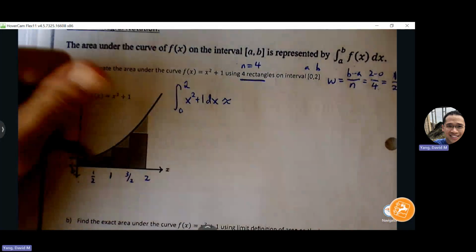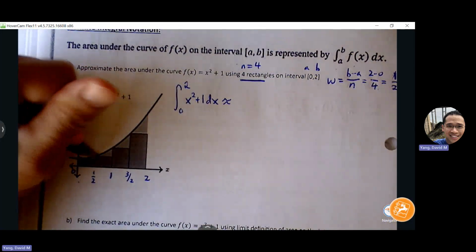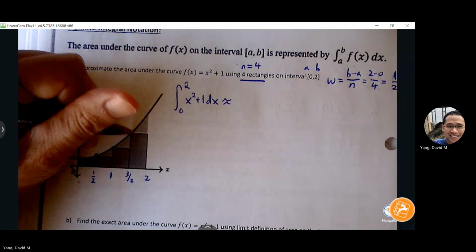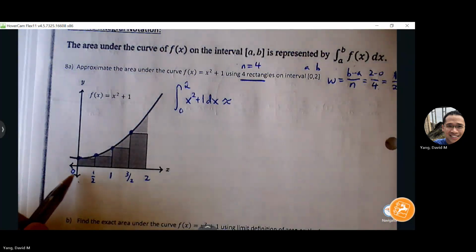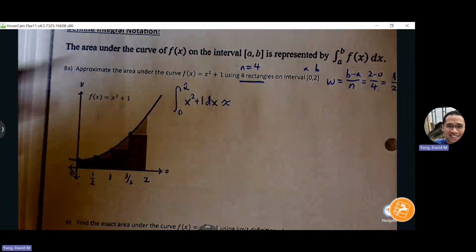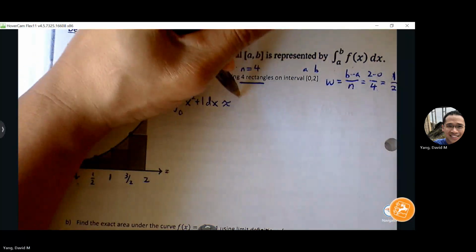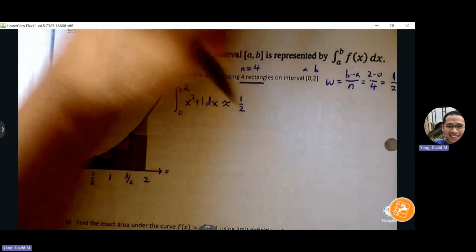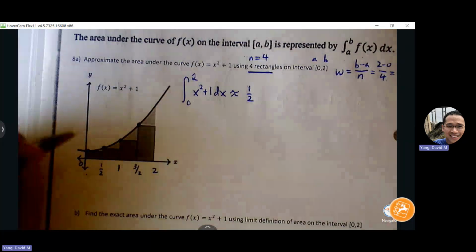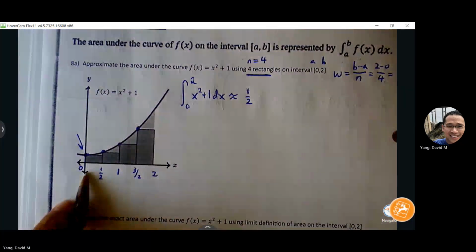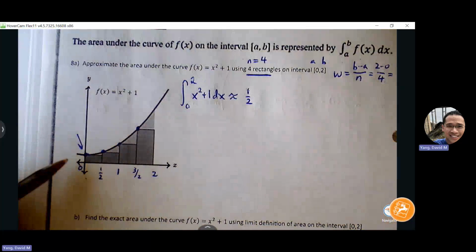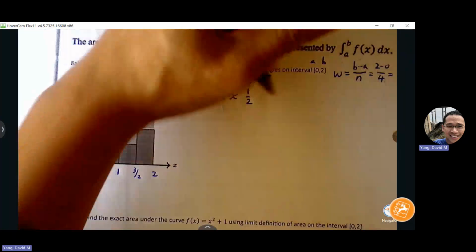Now, this rectangle is actually using the left endpoint. So what's the width of my first rectangle? Okay. What's function notation to represent the height of my first rectangle? F of, well, first rectangle, F of 0.